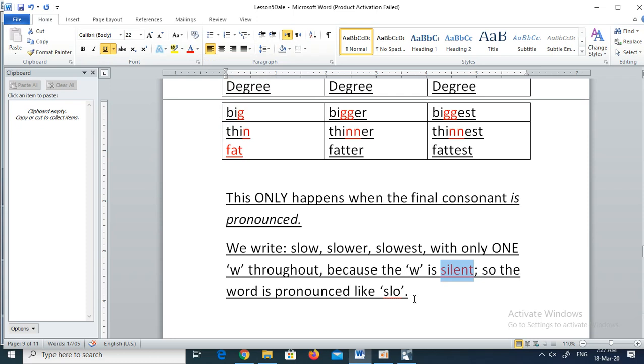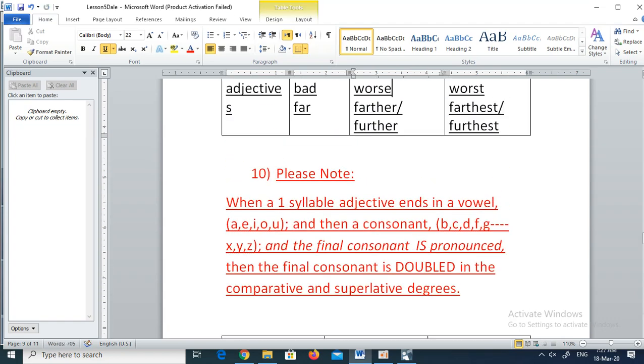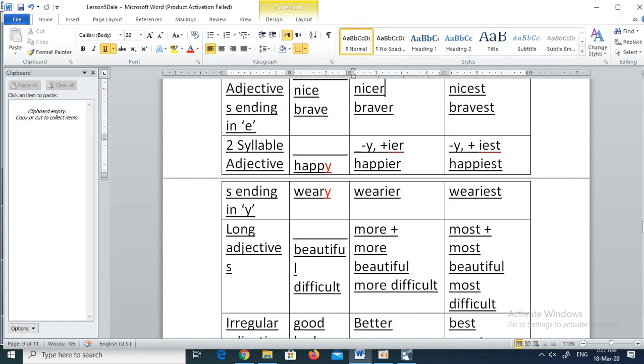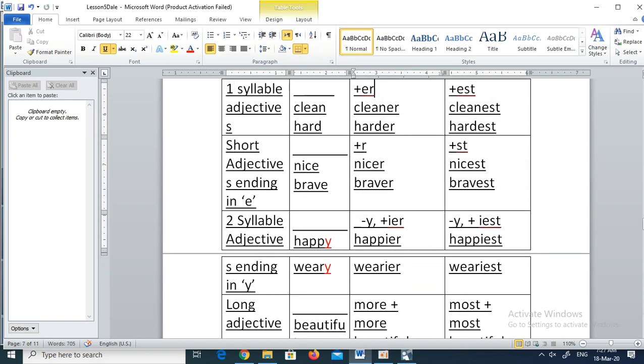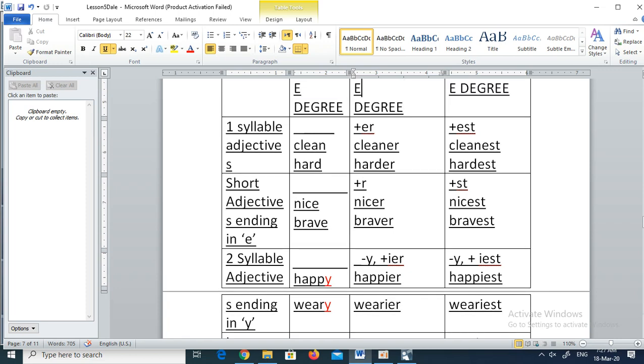And if you do not hear that last consonant, it does not get doubled. When we do not hear the last consonant, we do not double. Alright, that basically covers the way in which you make the degrees of comparison for the adjective.